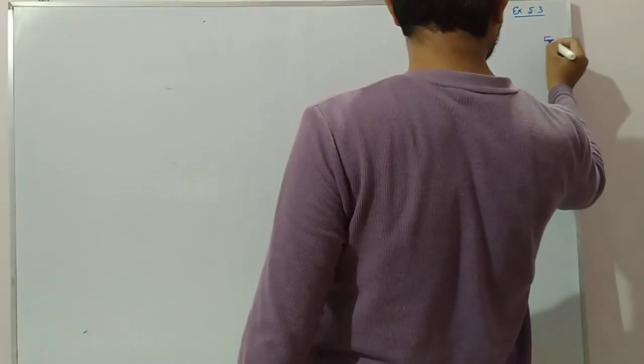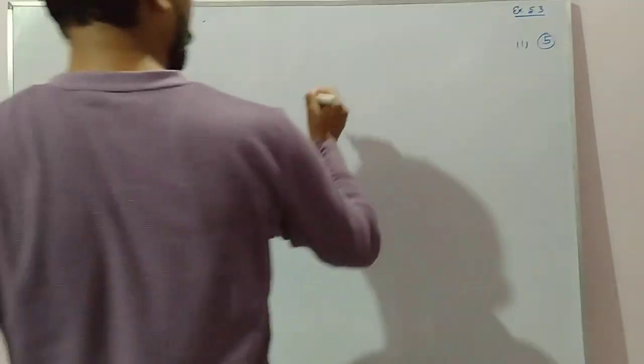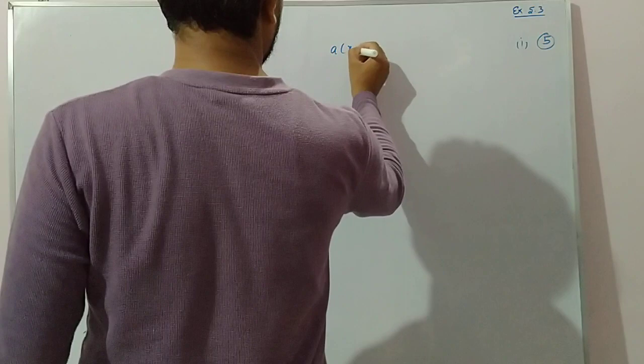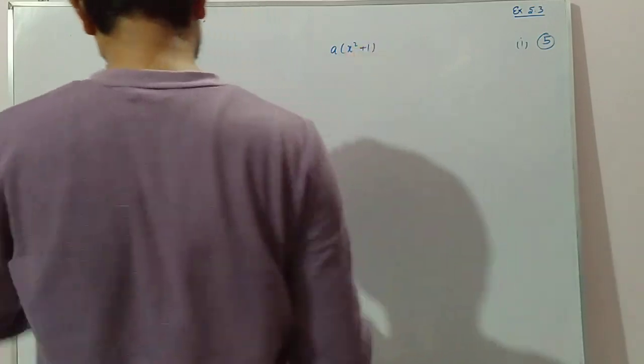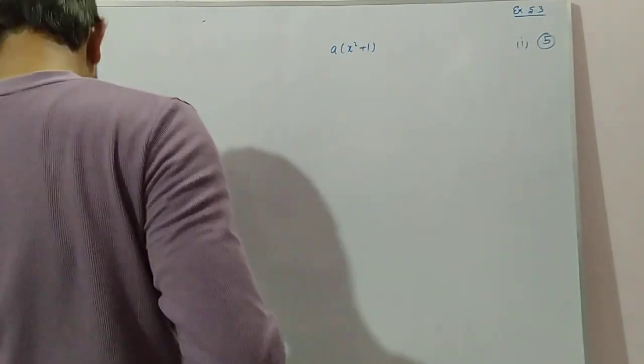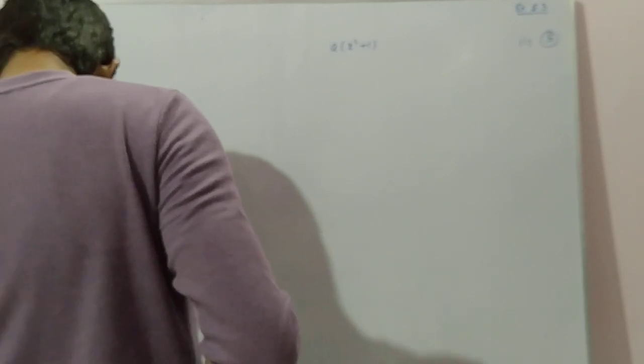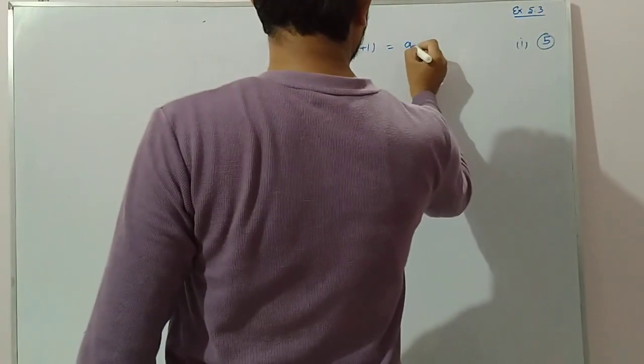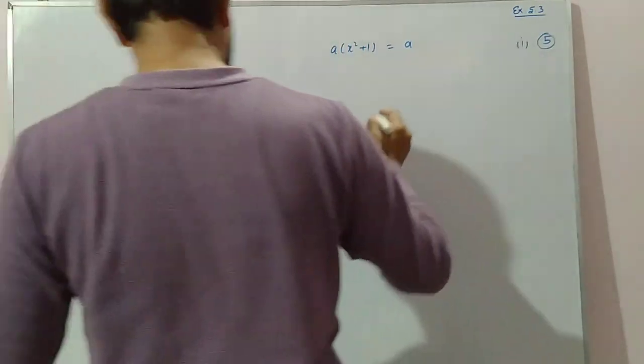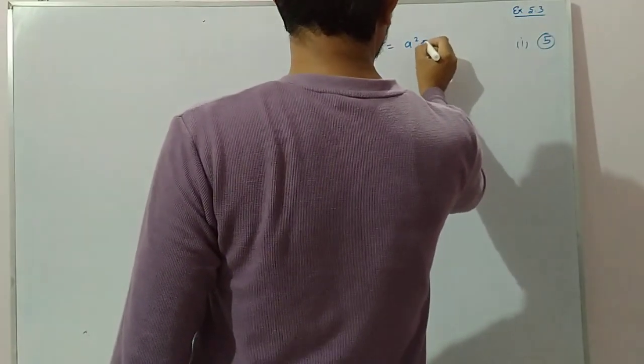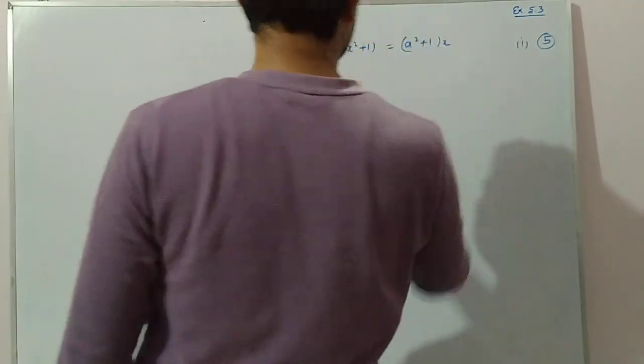It is given that, find x: a into (x square plus 1) equal to (a square plus 1) into x.